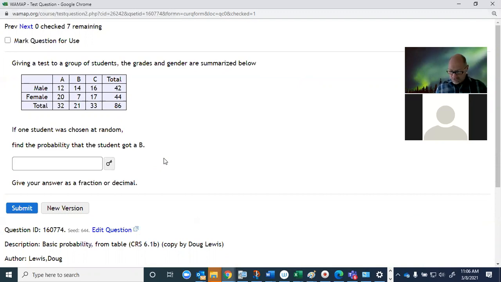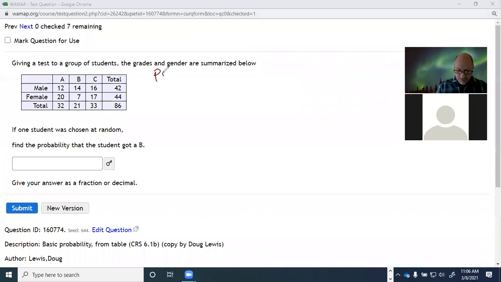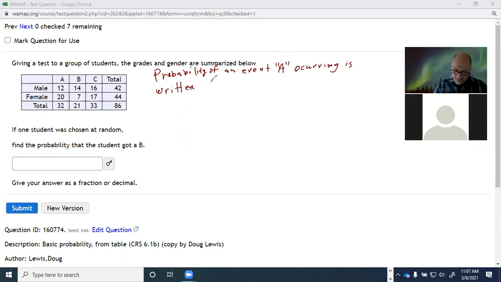And typically we write the probability of an event occurring, I'm going to call it event A occurring, like this. It's written as the probability with A in there, okay?